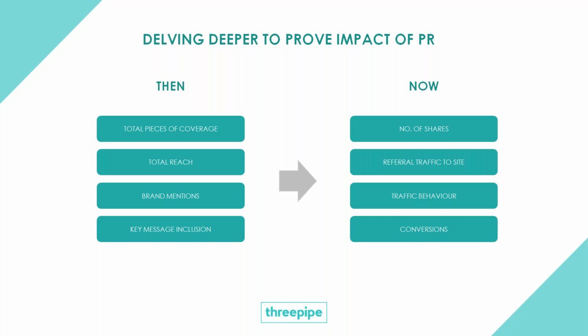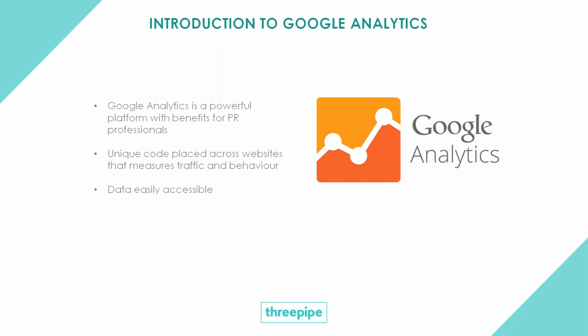So moving from the left there, some of the metrics we've just gone through, over to the right, where we can look at things like number of shares, referral traffic, traffic behavior, and conversions. And these are just some of the things that Nick's going to run through next, but just things to think about when reporting back to clients.